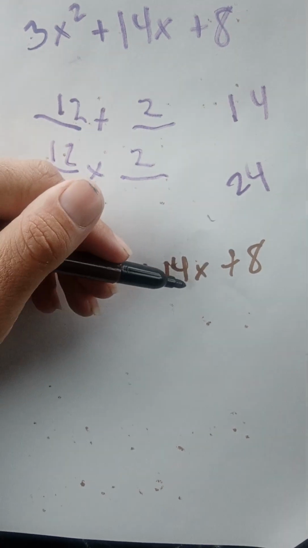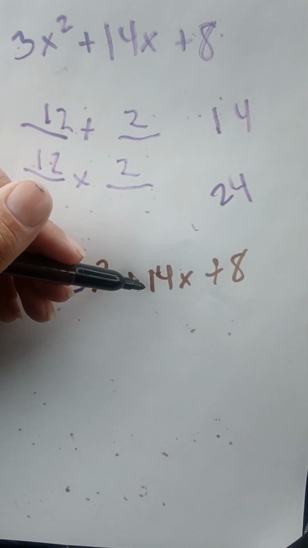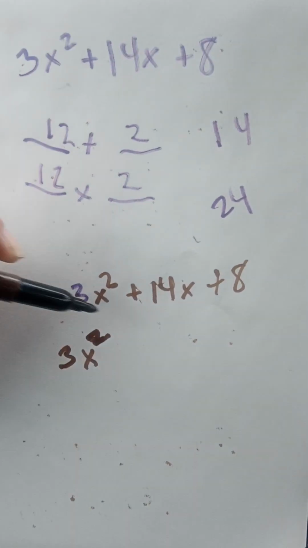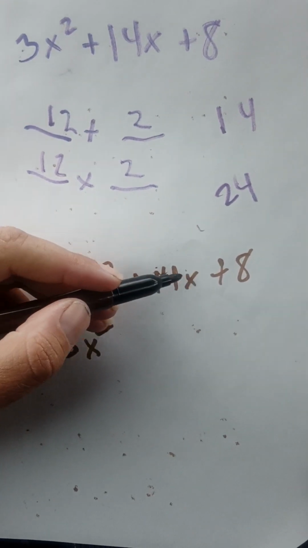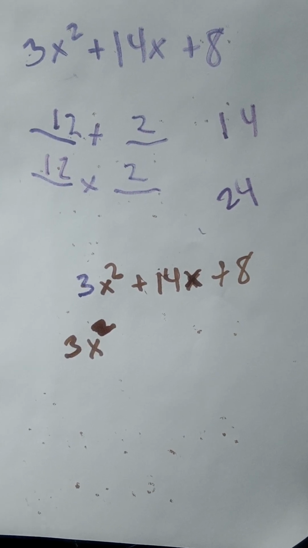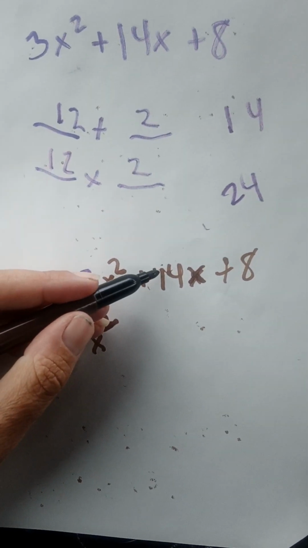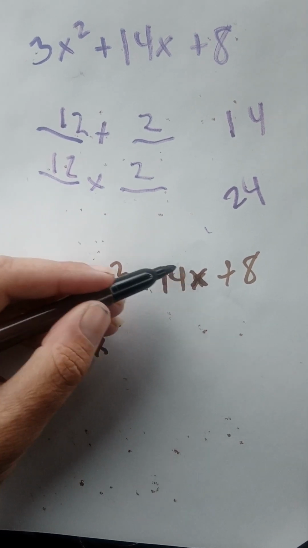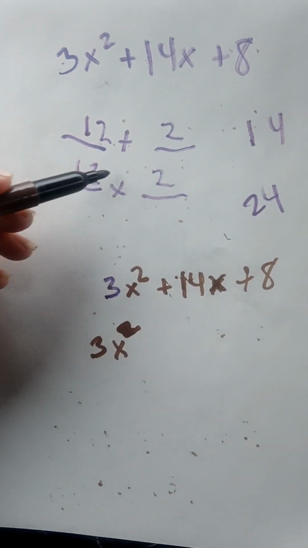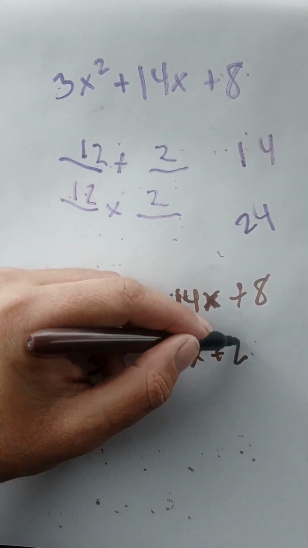We split this 14 into the two numbers that add to 14 and multiply to 24. When you look at x, you could think of it as 14 objects called x. Maybe you could think of x as the first letter of the name of the Xbox 360 video game system, just to help you see that you have a collection of 14 x's, or maybe 14 Xbox 360s, and it's equal to 12 x's plus 2 x's.